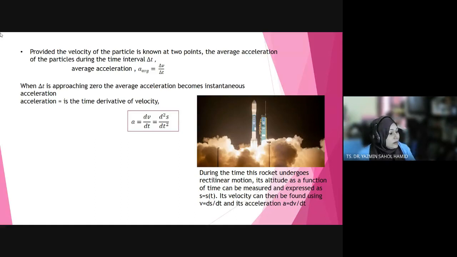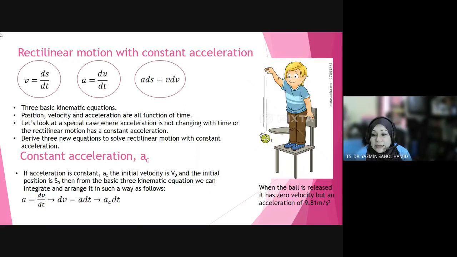Okay, now we're going to the next slide, which is rectilinear motion with constant acceleration. These three formulas you see in front here are the basic three kinematic equations that we have gone through: position, velocity, and acceleration. All three are functions of time.